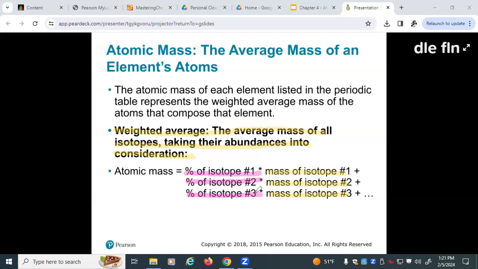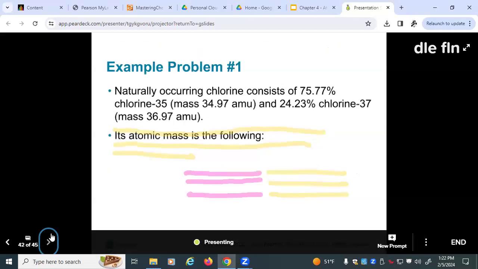But one thing I will say definitively, when you are told to calculate the average mass of a particular element, it's not just an average. You're not going to just take the however many isotopes, add them together, and divide by N. That's not this kind of average. We have to take the weights into consideration, which is why this is a weighted average.